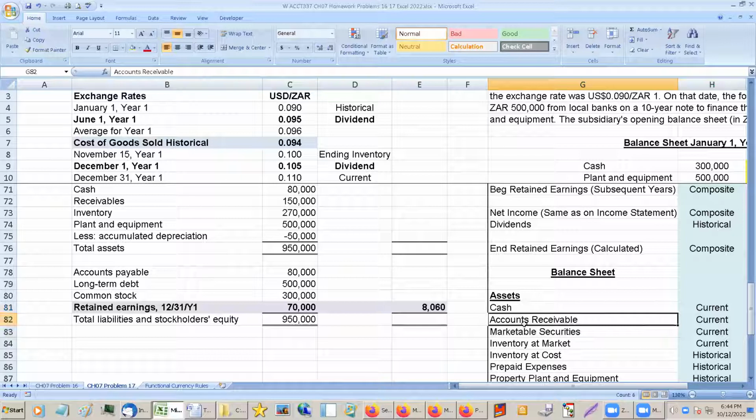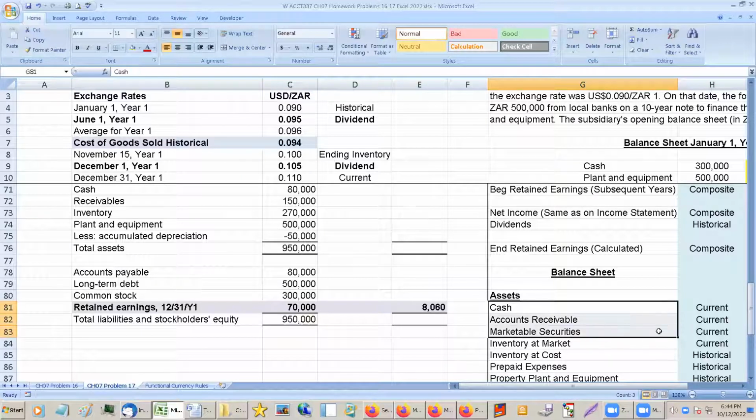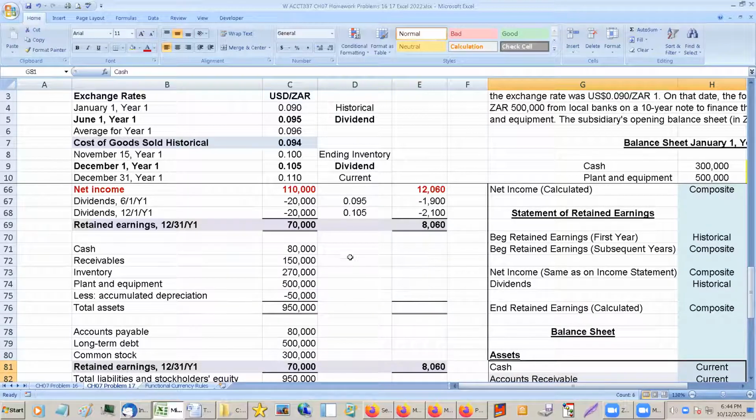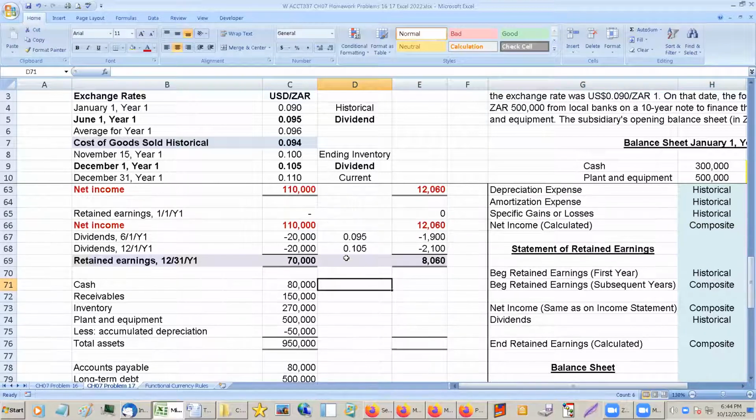But cash, accounts receivable, marketable securities, these are what they call monetary assets. In other words, those are directly relatable into US dollars, so that's why they still do those at the current rate, which is what, 110.